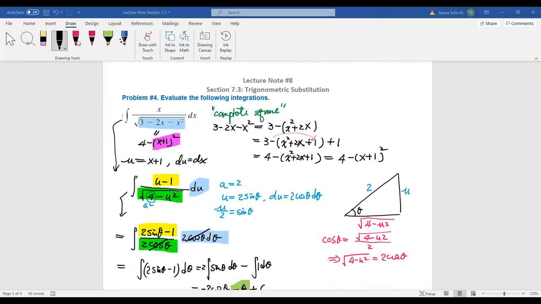So remember you need to know how to complete the square. Then we talk about trig substitution, use u substitution, and then use the trig integral techniques we learned previously. It's a very interesting and useful technique, especially when you deal with those square root expressions.